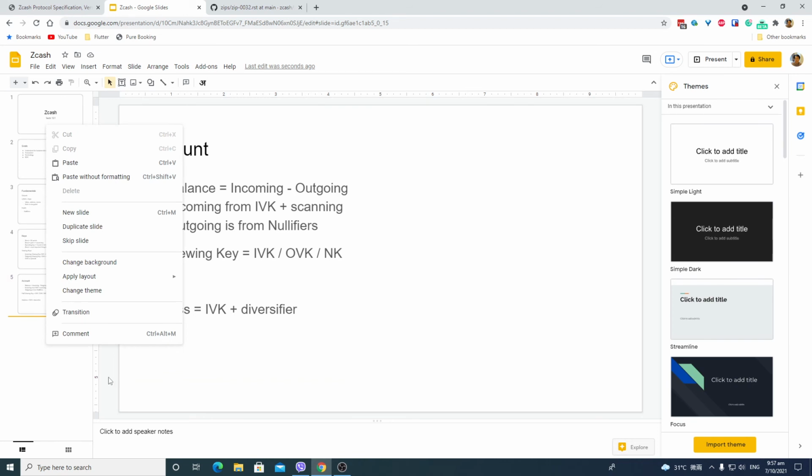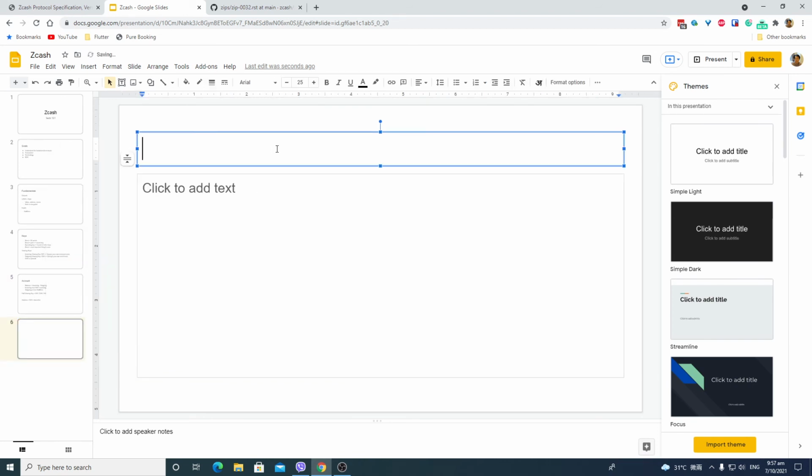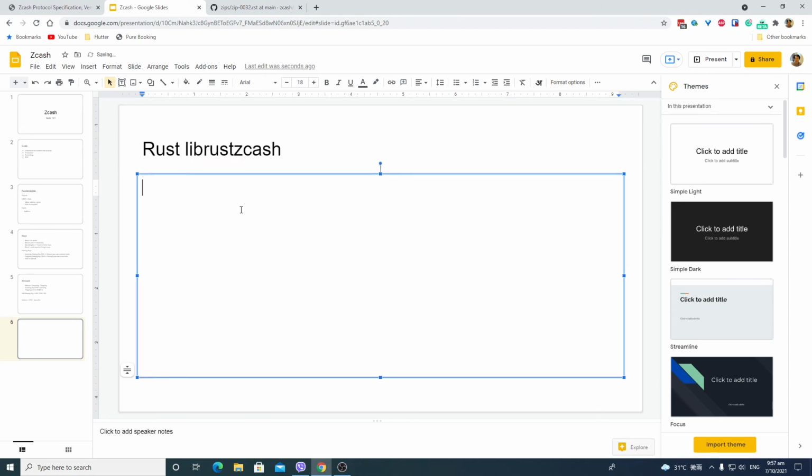Okay, let's write notes about this. Rust. It has some really good stuff, right? You have things like decrypting notes from IVK and OVK.